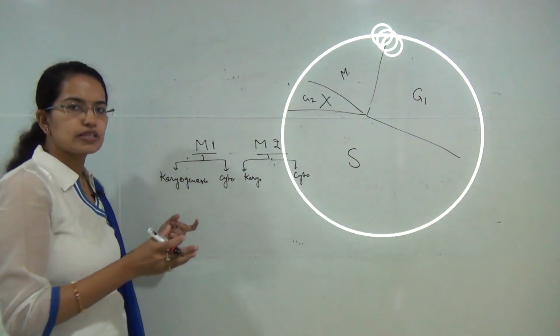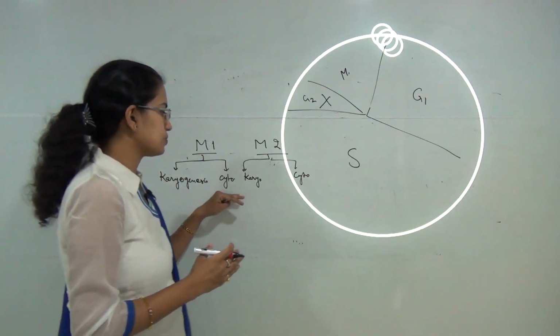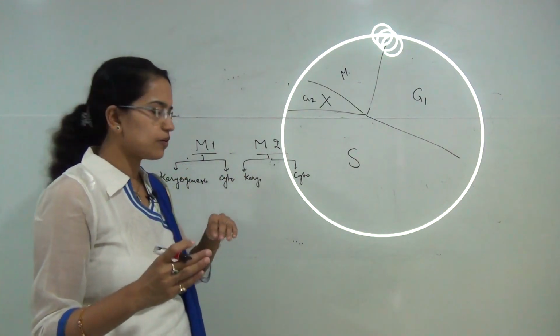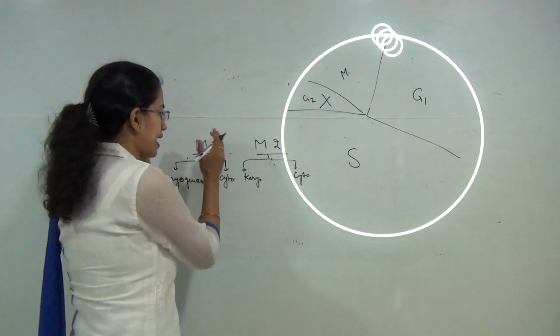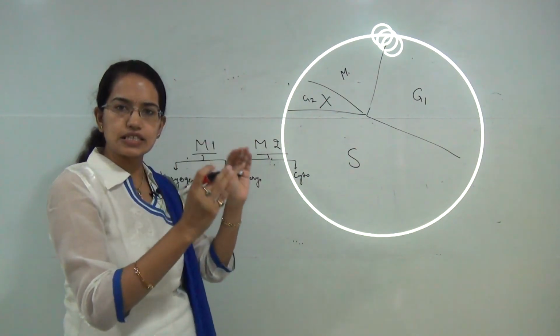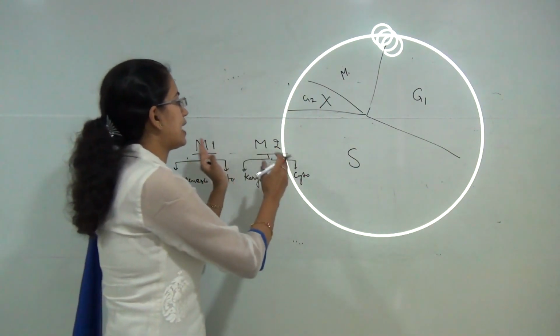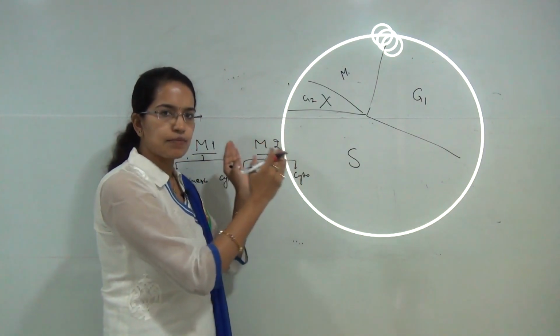Karyogenesis deals with the breaking of the nucleus, cytogenesis deals with separation of the cytoplasm. This would first happen in meiosis 1, where there would be reduction in the number of chromosomes, and then happen again in meiosis 2.